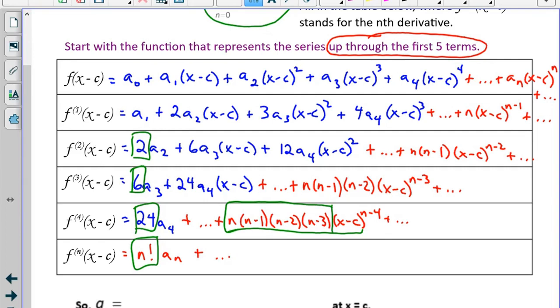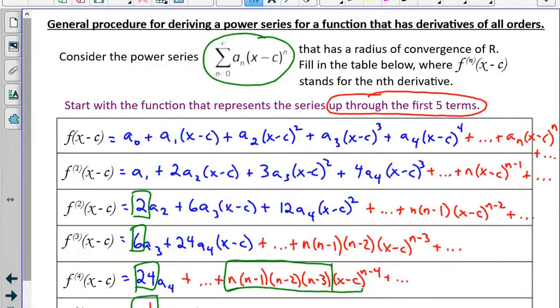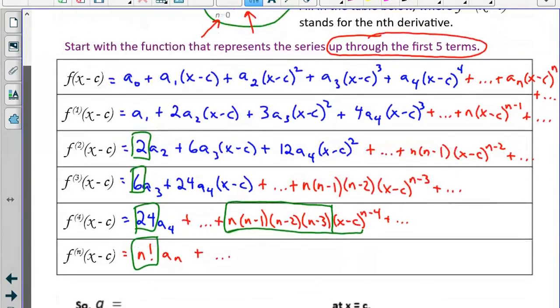So if we're looking at this particular polynomial that is defined by the sum from n equals 0 to infinity of a sub n times x minus c to the n, and we want to find this number a sub n, what we do is we look at what is going on before everything happens. Let's say we want to find a sub 2.